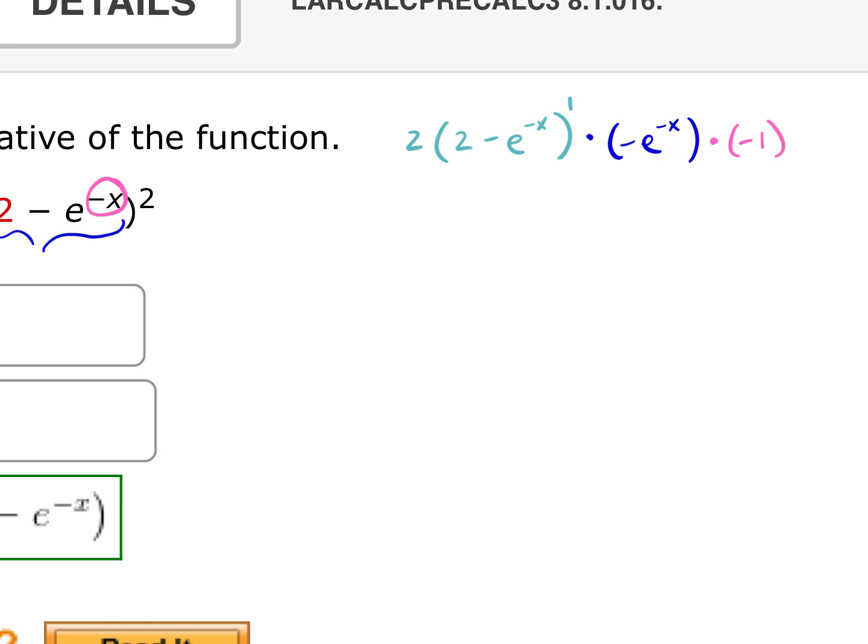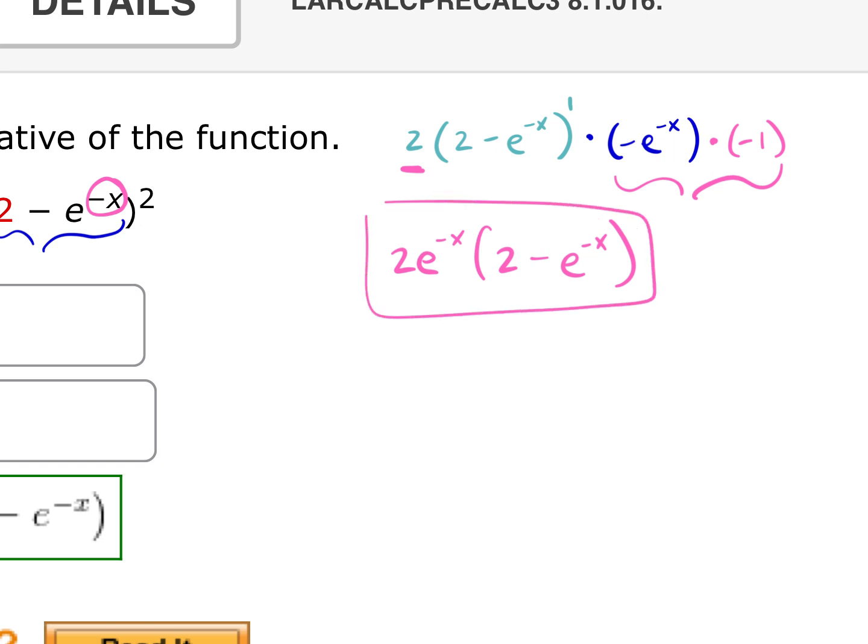To simplify this a little bit, I can multiply the 2 and my negative e to the power of negative x times -1 together. So this would be 2, it turns positive, e to the power of negative x times 2 minus e to the power of negative x. You don't have to distribute it, but this would be our derivative.